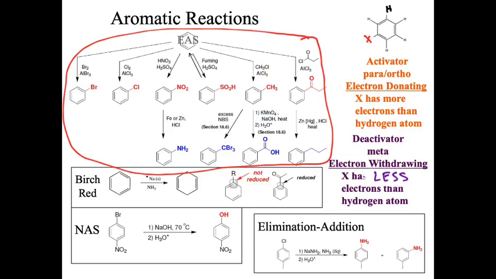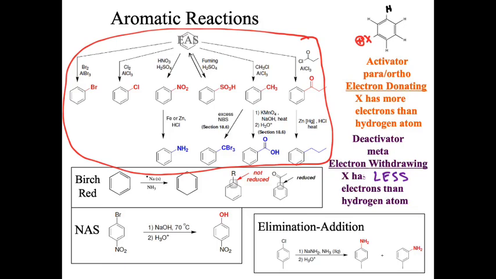What would happen to my atom? It would be positive. So if atom X is positive, guess what? It has fewer electrons than hydrogen. We're now looking at a deactivator.